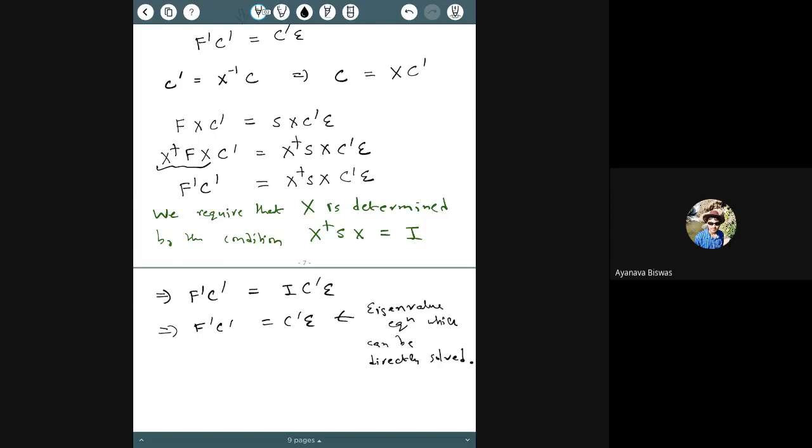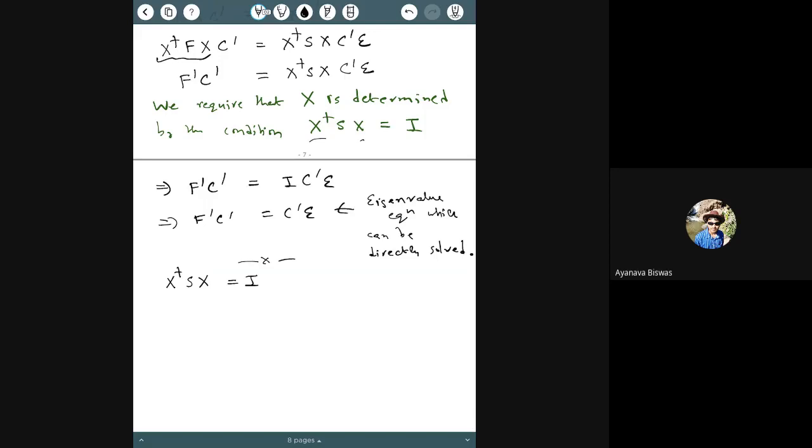Okay. Now the next question is, of course, what is x? So does this condition completely and uniquely determine x? Well, it does determine x, but it is not uniquely determined. We have various options. We can have x equal to s to the power minus half. Then you would have s to the power minus half s to the power minus half.